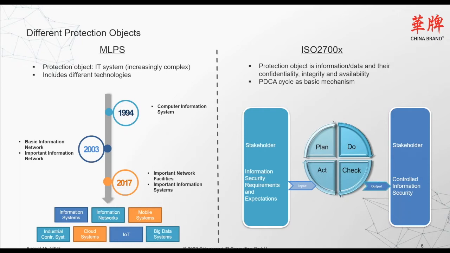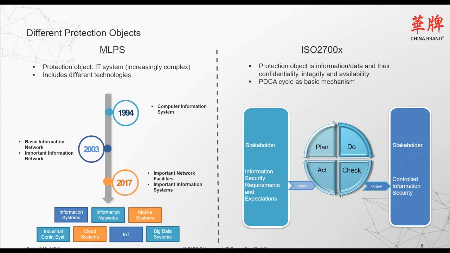27000 series, the protection object is actually data, or let's say information. And the aim is to keep them confidential, to guarantee the integrity and availability of it. And the main mechanism behind that is the PDCA cycle that you all know.